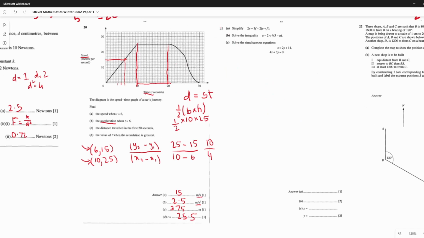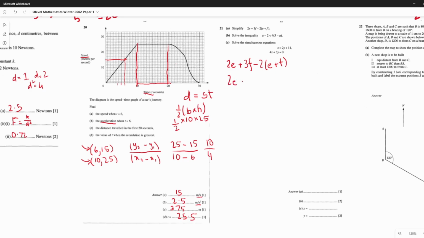All right, moving on to question number 21. Simplify 2e plus 3f minus (2e plus f). That should be a pretty easy simplification. First of all, I'm just going to multiply both of these by -1 to remove the bracket.